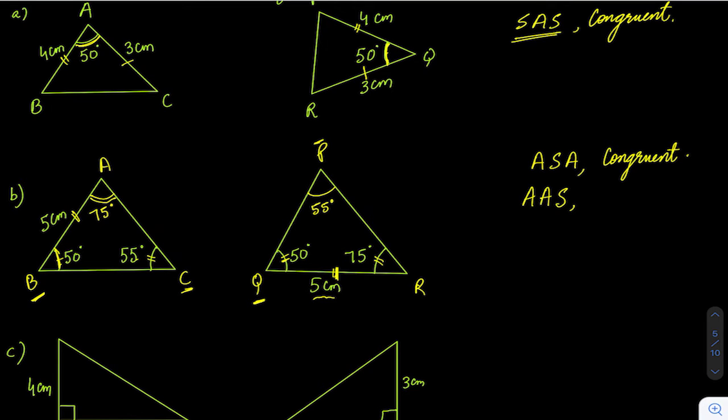So we can use AAS also in this. Whichever is there in your curriculum, you can use. In some questions, there might be multiple rules applying, so you can use just any one.